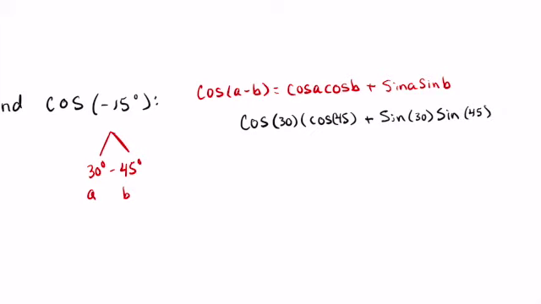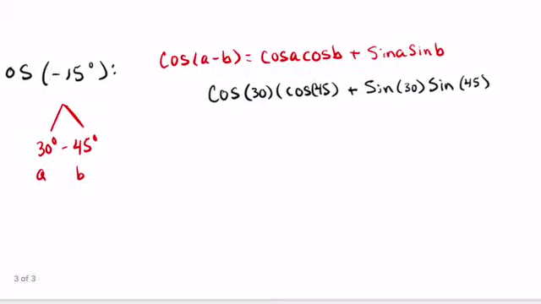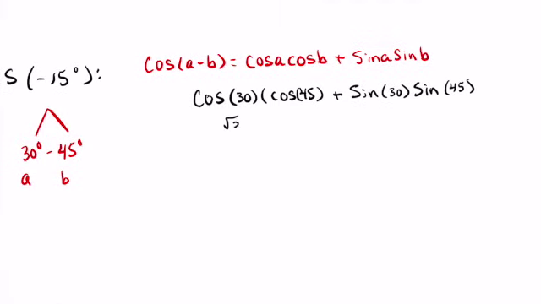We know that the cosine of 30 degrees is root 3 over 2. The cosine of 45 is root 2 over 2, plus the sine of 30 is 1/2 times the sine of 45, which is root 2 over 2.